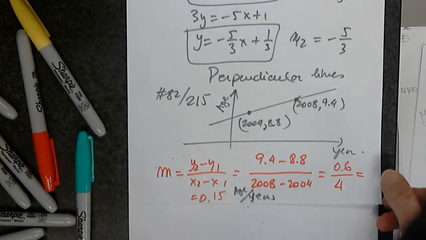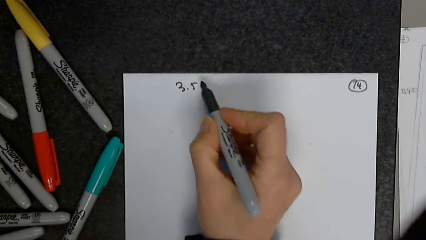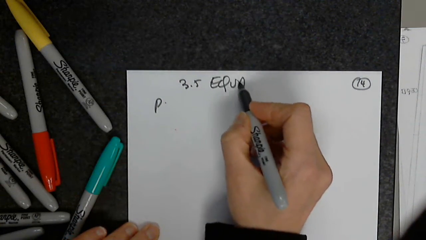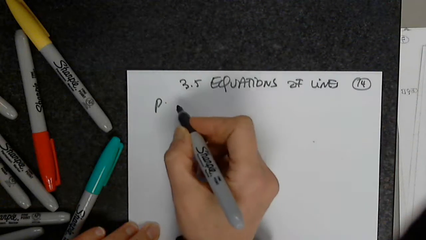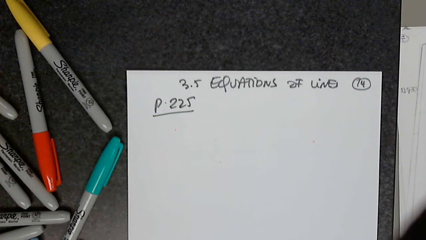I would like to look at a couple of word problems now. We are on page 225. This is 3.5, Equations of lines. So page 225. So let's talk about applications. I'll choose the first one and then you can choose the next one.